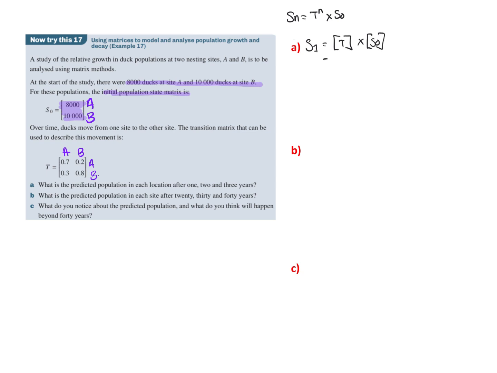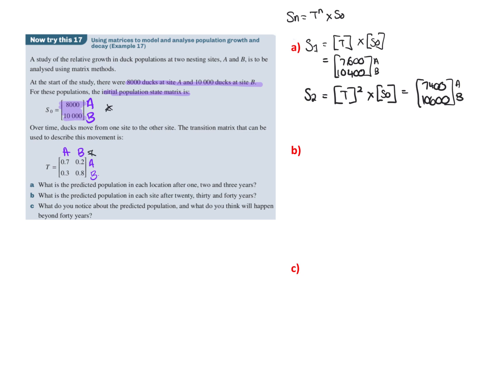So if I type those numbers in, this transition times this S0, I get the first one, which was 7,600 at site A, so A and B. Now, if I'm going to do S2, I'm going to use this power trick. So that would be transition to the power of 2 times the S0. And when I do that, I end up with 7,400 and 10,600. So that's A and B.